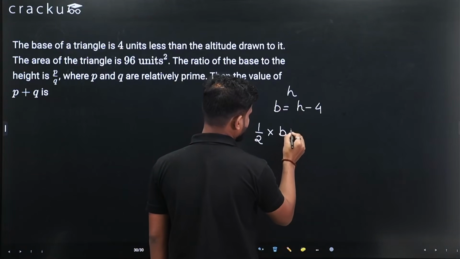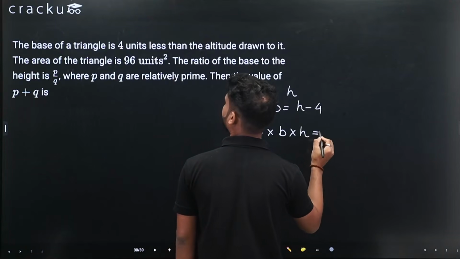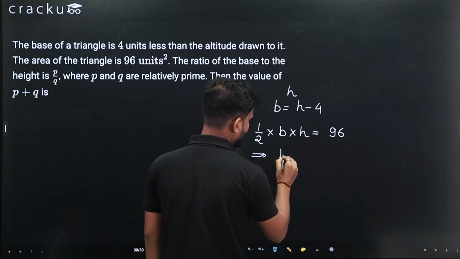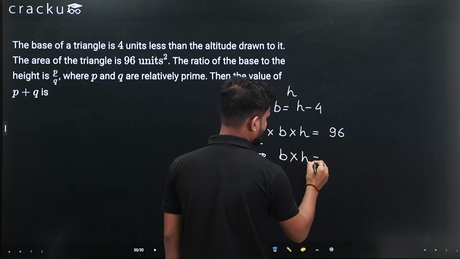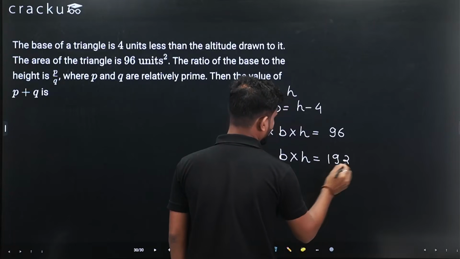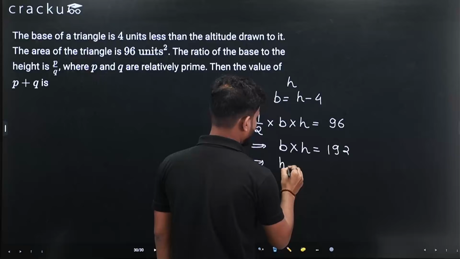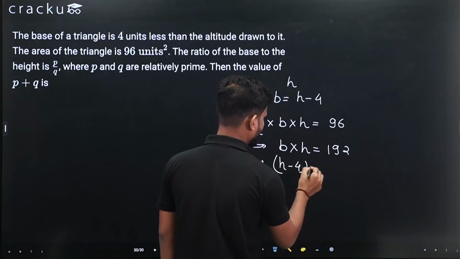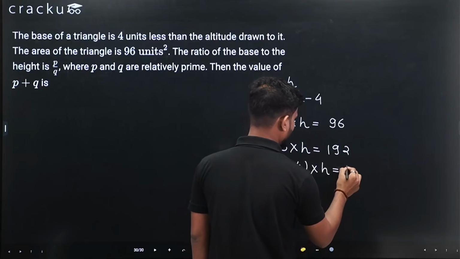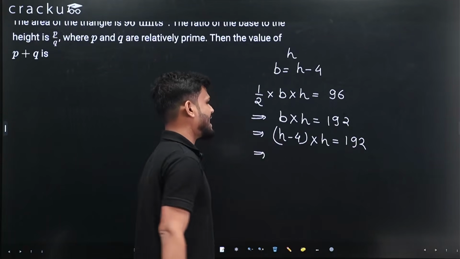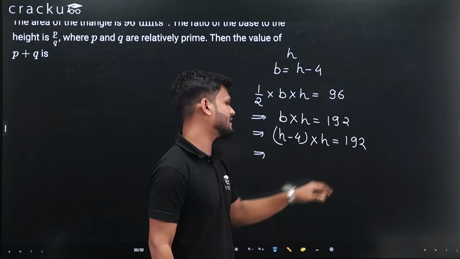What will be the area of the triangle? 1 by 2 into base into height, which is given as 96. From here I can write base into height is 96 into 2, 192. So h minus 4 into h is equal to 192.